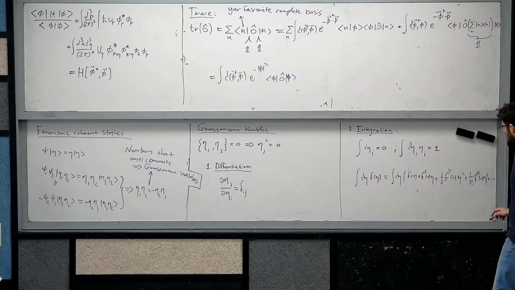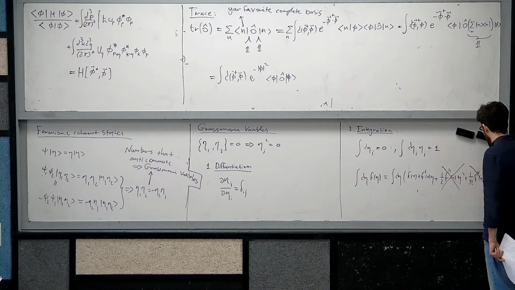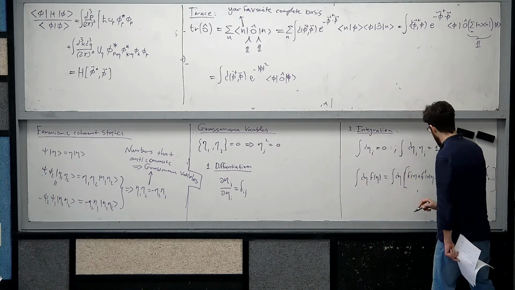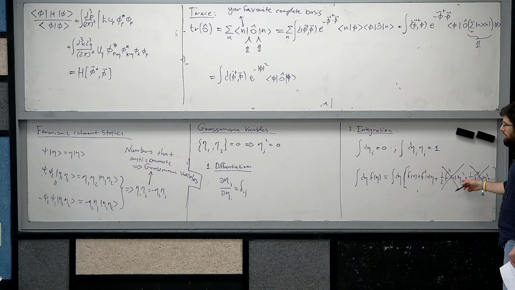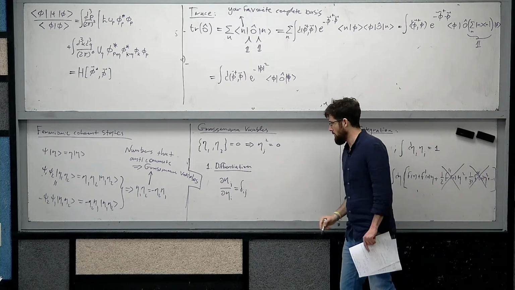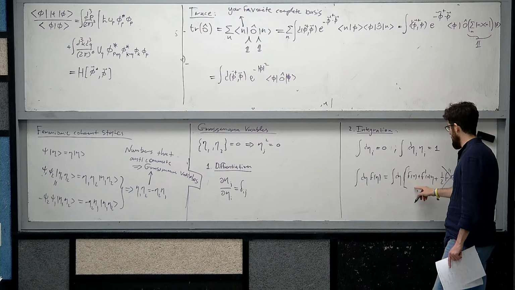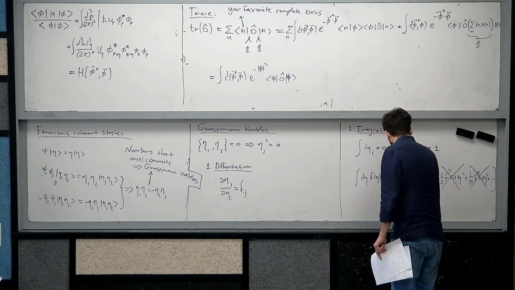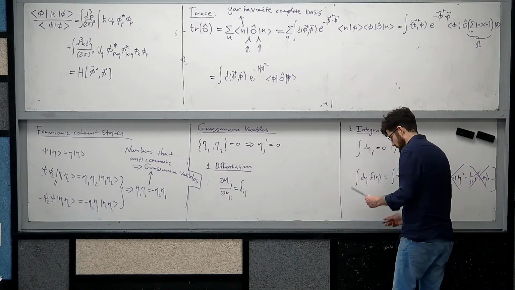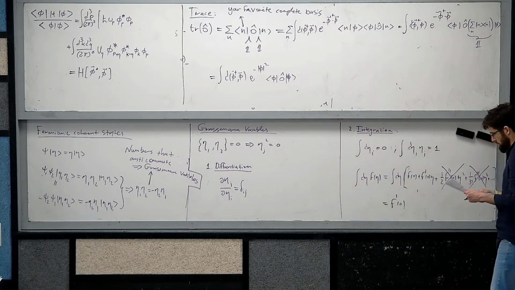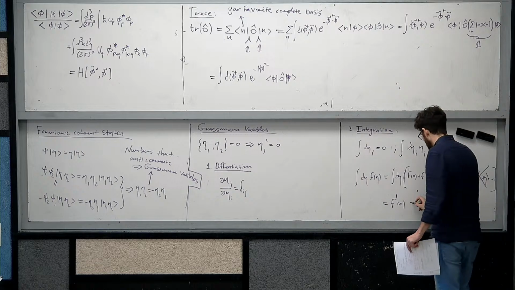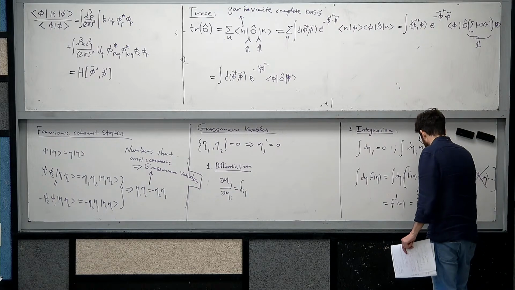And when you do an expansion like that, first of all these are trivially 0, all these are trivially 0 because of this rule here. And then this guy is also 0, so we just get f prime of 0. Okay?